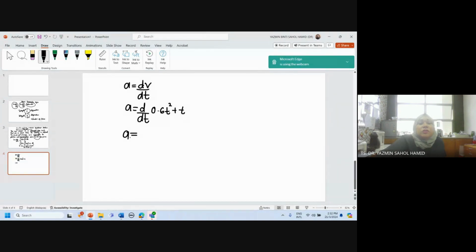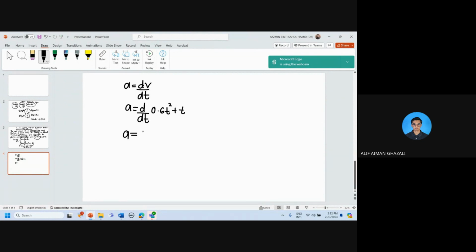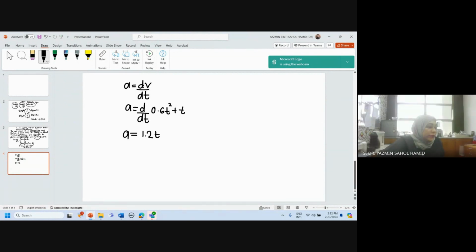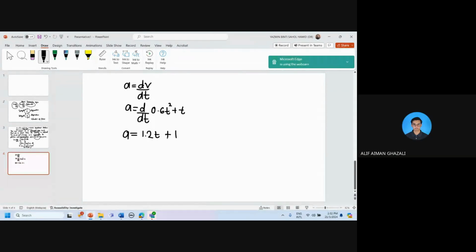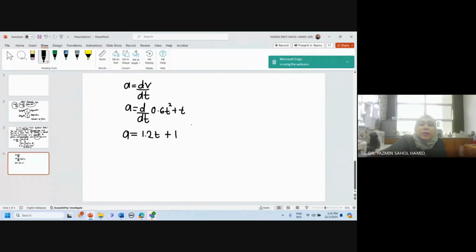If you differentiate 0.6 t squared, what do you get? 1.2 t, plus 1. Yes. So now what you can do is replace t with 3 seconds to get the acceleration. So what is the answer?